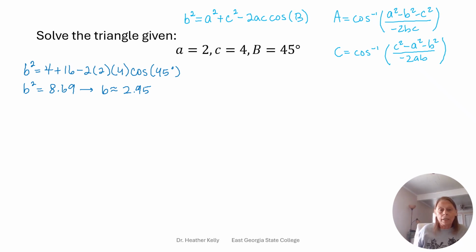Then you need to note that the sum will be very close to 180 degrees, but not 180, because of that rounding. Okay, so just keep that in mind.